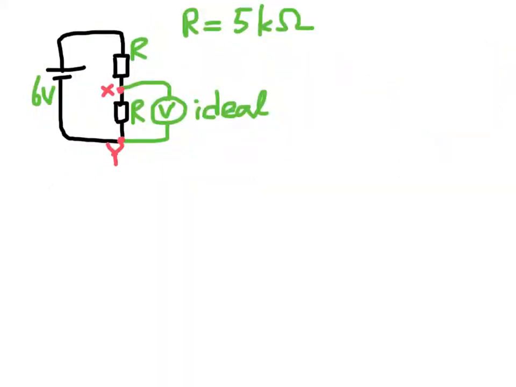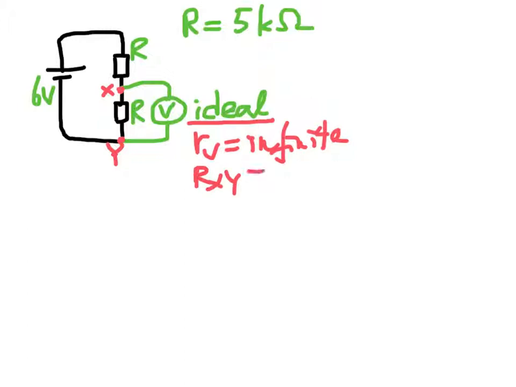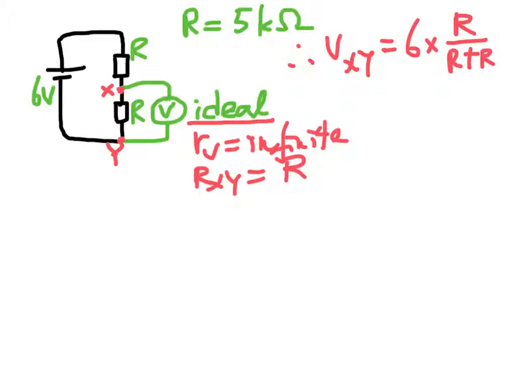In the circuit, since the internal resistance of the ideal voltmeter is infinite, therefore the resistance across XY is equal to R. Therefore, the voltage across XY will be equal to EMF 6 times R over R plus R, which is equal to 6 times 5 kilo over 5 kilo plus 5 kilo, which is equal to 3 volts.